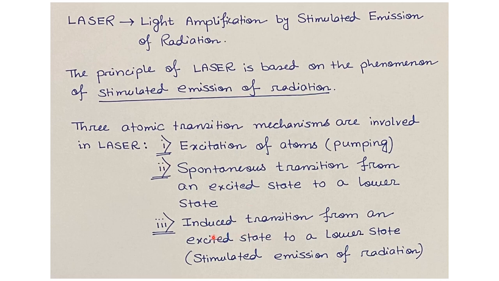But induced transition can be triggered by an external factor, so we can trigger it with some external energy. We'll understand in the upcoming stage how we can get stimulated emission of radiation and why it is important in the case of laser.